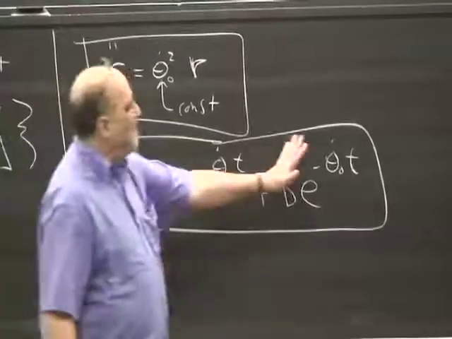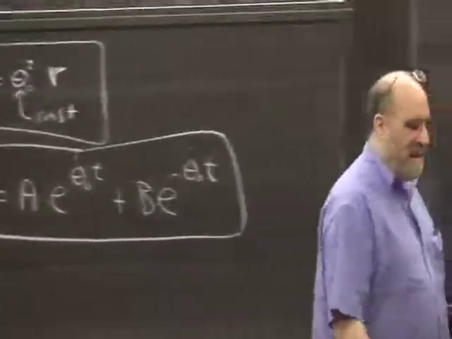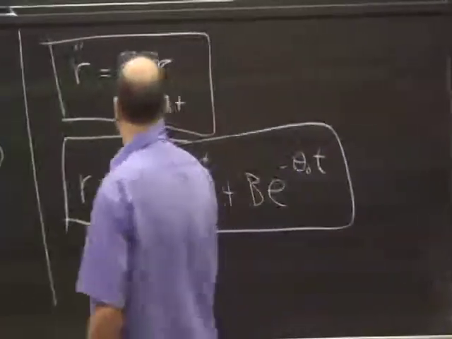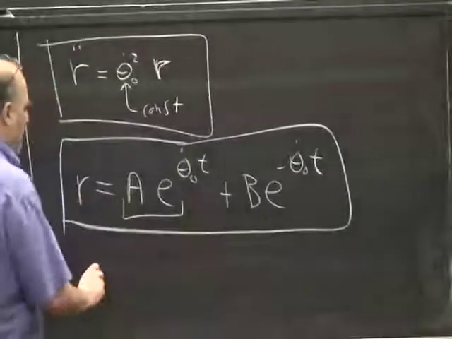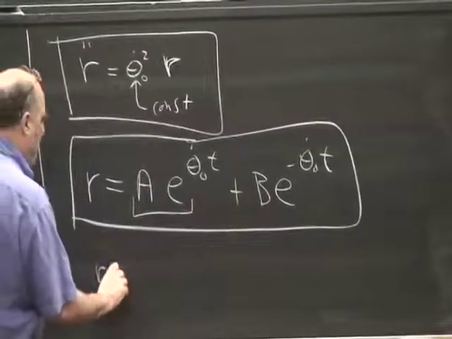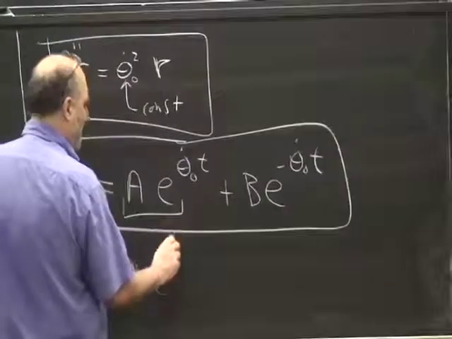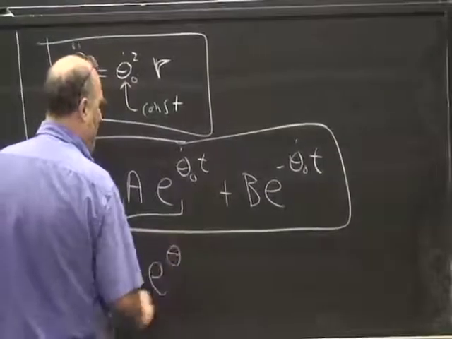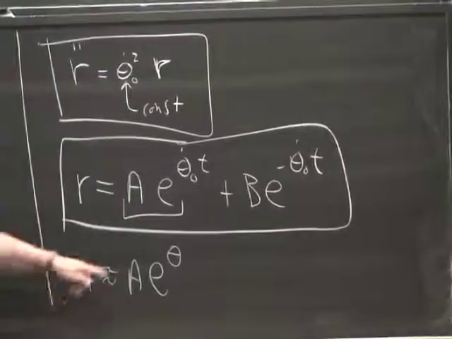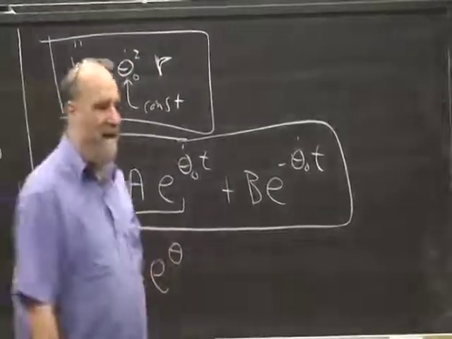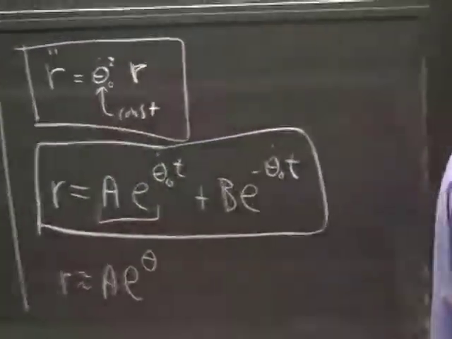Okay, so what you find out is this thing progresses exponentially in time. In fact, the dominant term as this progresses is this term. And so we can get from this that r is approximately equal to A times e to the angle theta. If this goes pi, this turns into e to the pi. That's about e to the 3, and that's about 25.